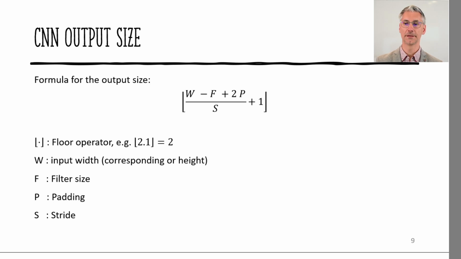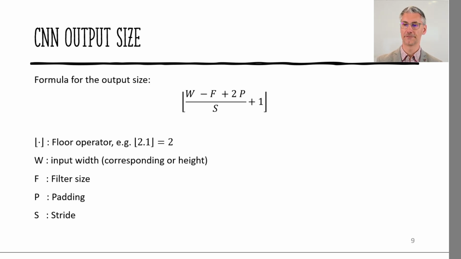Putting all of that together, this is then the formula for the output size. It's the floor, that means the nearest integer downwards. So for 2.1, the floor would be 2. So the floor of the fraction of input width, and corresponding for the height, right? So we'd have both separately.